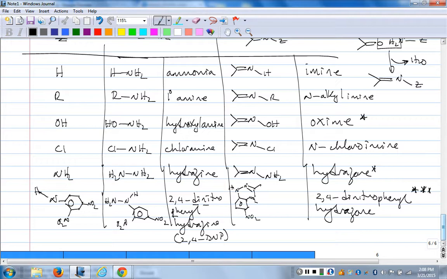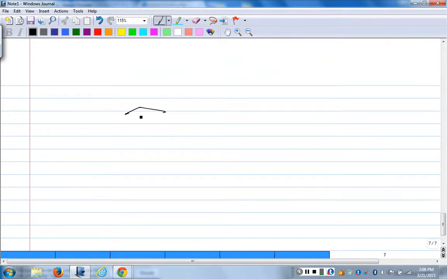But we still use the 2,4-DNP hydrazone because it turns out that if you look at this compound, and I'll draw it in the next page, this compound is wonderfully resonance stabilized. There's resonance all over this molecule. Let's move this over to the other side.